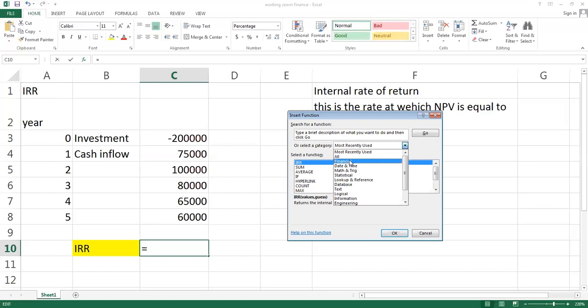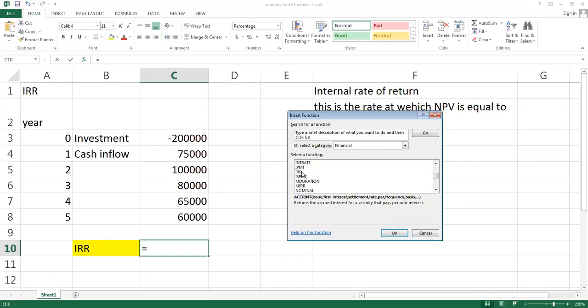So financial will appear at the third stage. In financial, student, you will find in alphabetical order where IRR is given. So in financial, you will find IRR here. This internal rate of return is given in alphabetical order in your functions. Once you get this IRR, mark it and OK.